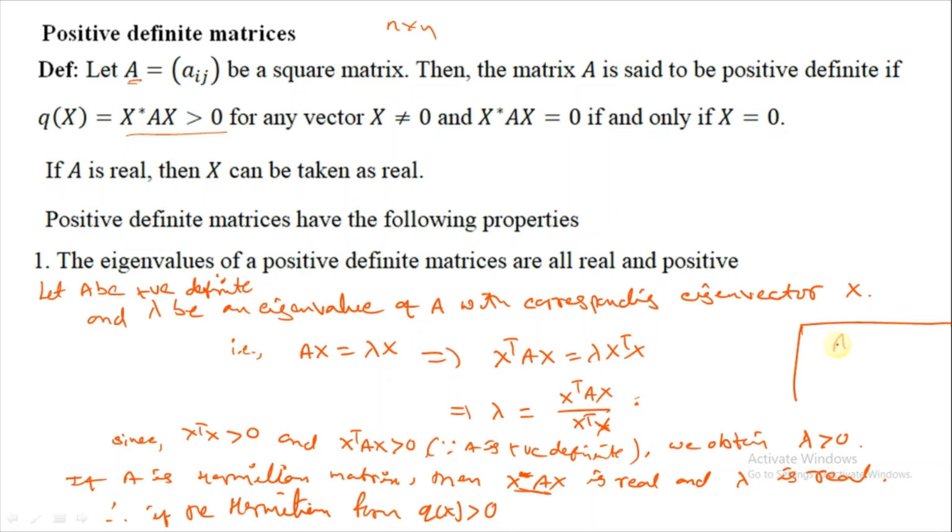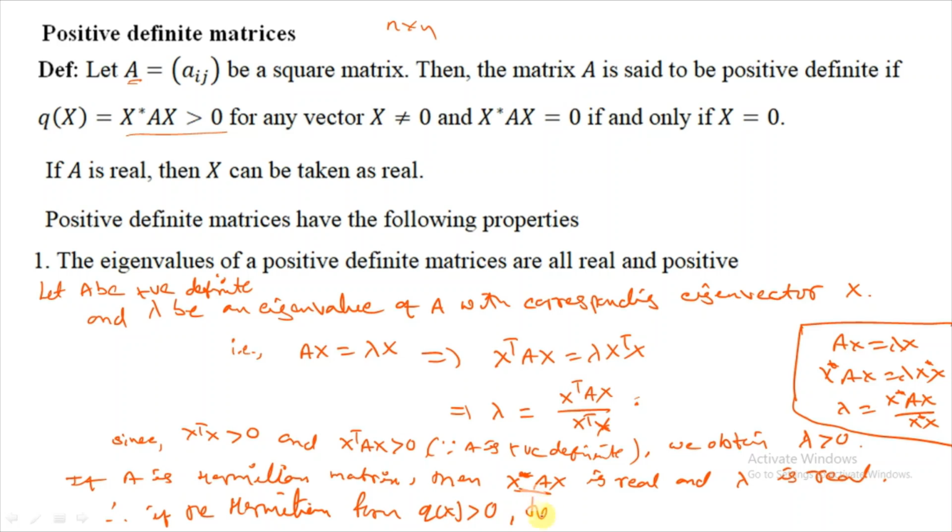Suppose we take Ax equal to lambda x, so you multiply with x star on both sides: x star Ax equals lambda x star x. This one is real. Suppose we take A positive definite, the Hermitian form must be positive.